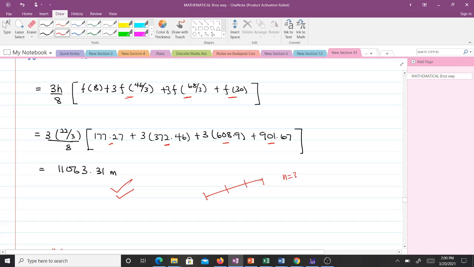But one thing with the multiple segments is that our n has to be a multiple of 3. So our n has to be 6, 9, 12, 15. So when you have something like this, then we apply the multiple segments for the Simpson's 3/8 rule. So we are going to get a formula for that and know how to use that.